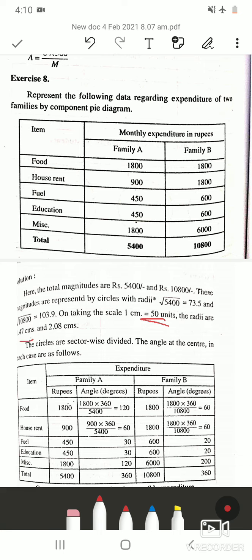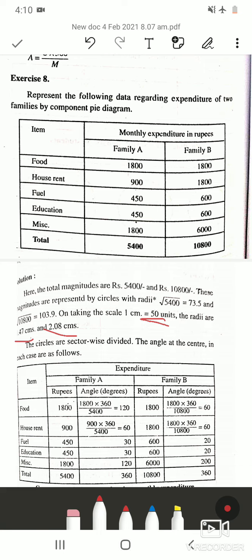Therefore you have to take a radius of 3.675, which will give a bigger circle and a bigger picture. So anything of your choice. Then for family B it will be 103.9 divided by 20, which is 5.195 or 5.2. So the radius will be 5.2 centimeters.